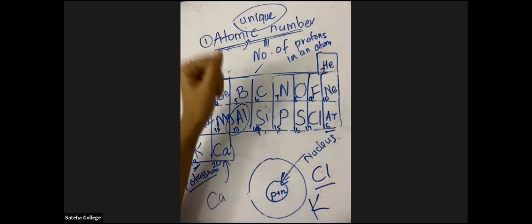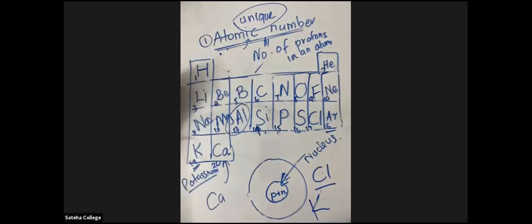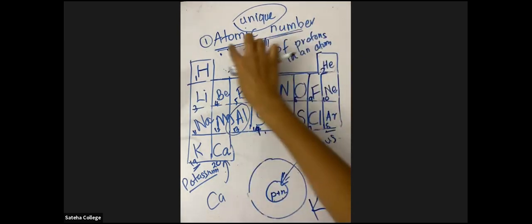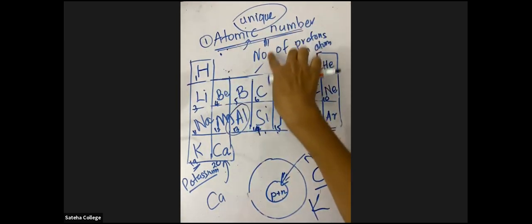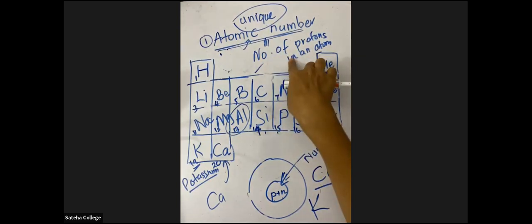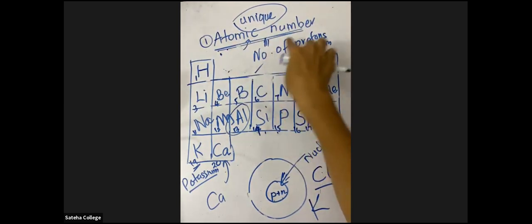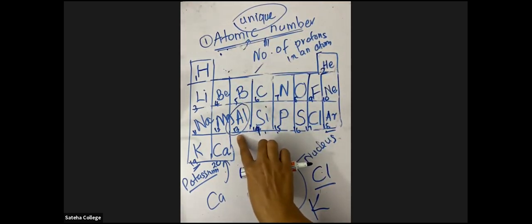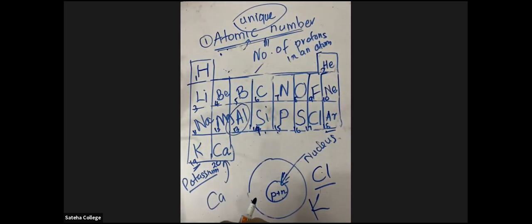Okay, most of you are not objecting. That's correct. Why? We know that atomic number is equal to the number of protons. So if the atomic number is 13, the number of protons also will be 13.